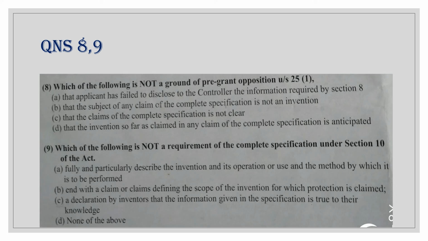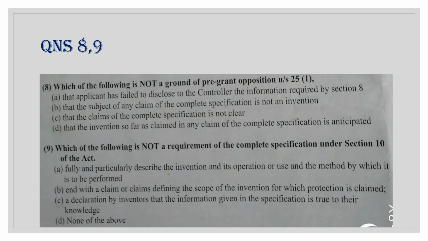Next one is question number 9. Which of the following is not a requirement of the complete specification under section 10 of the Act? Option A, fully and particularly describe the invention and its operation or use and the method by which it is to be performed. Option B, end with a claim or claims defining the scope of the invention for which protection is claimed.